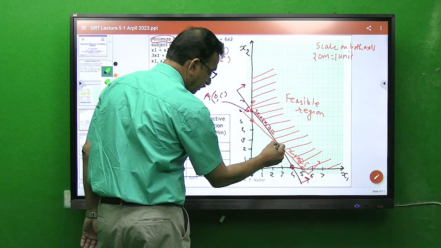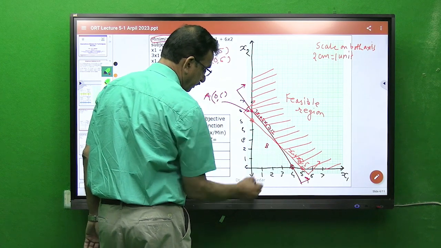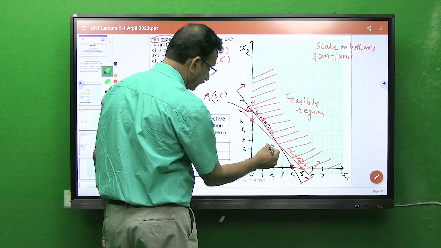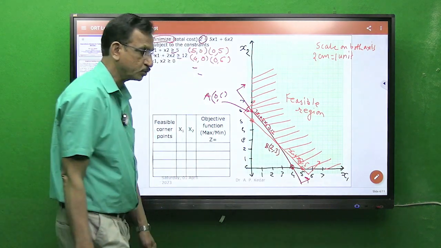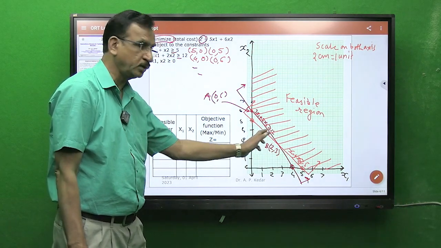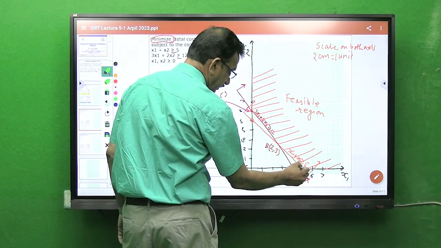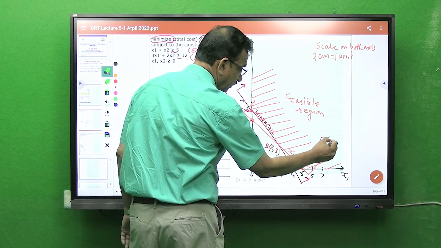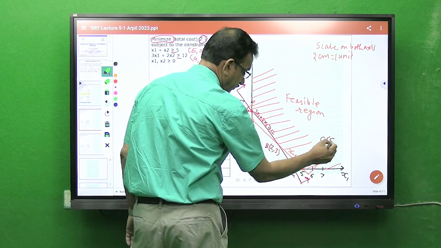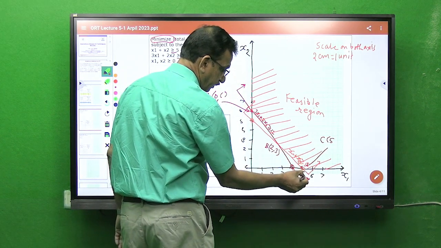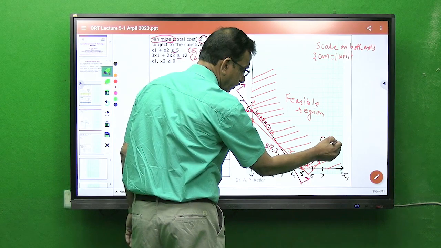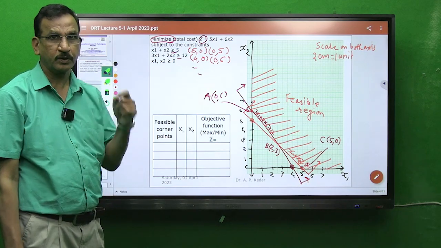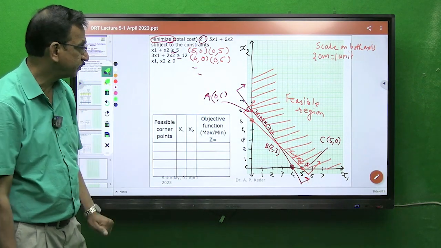The other point is this one, B. So if you draw it correctly, again you will get the intersection point as we did in last lecture, which is 2, 3. That is x1 is 2 and x2 is 3. And if I say this as C point, so x1 for C is 5, and the value of x2 for this C point is 0. So in the earlier case what we got is 4 feasible corner points.